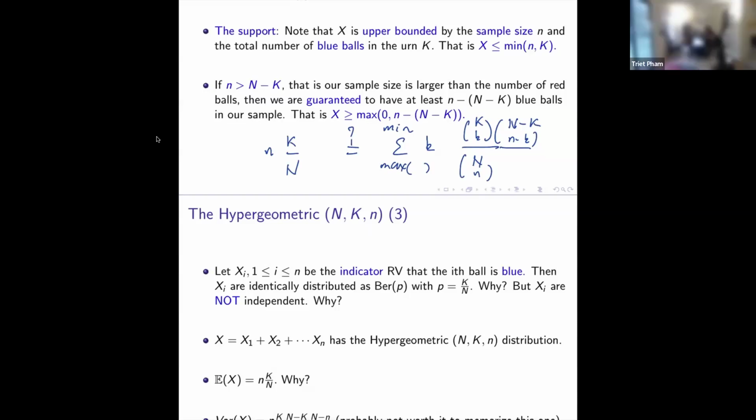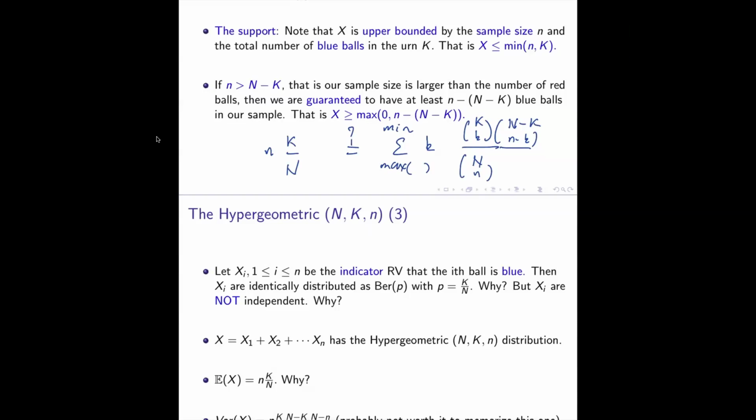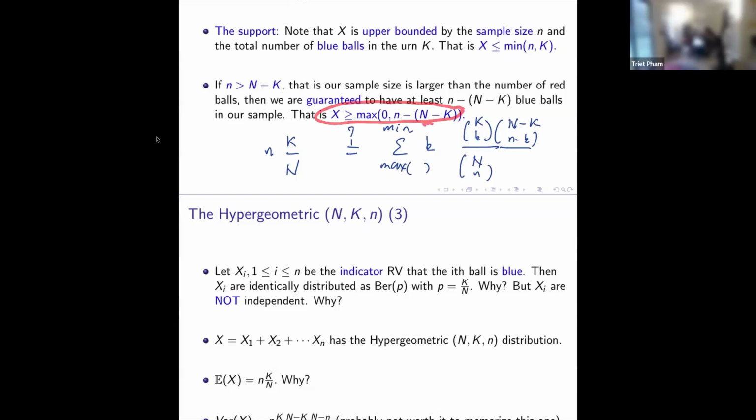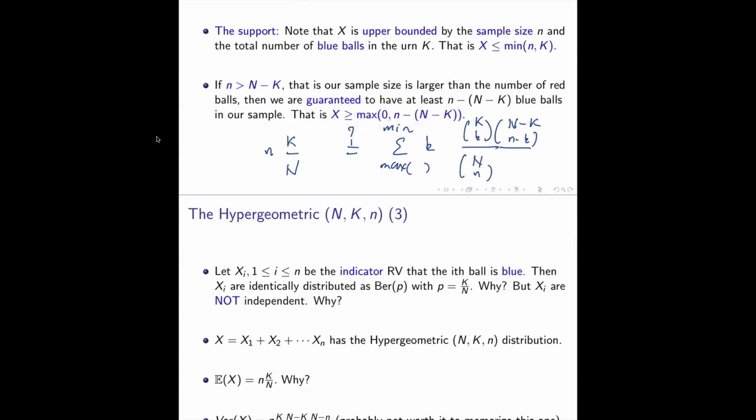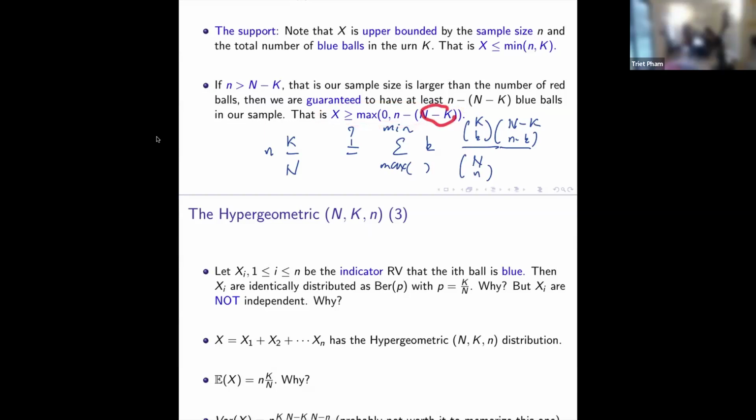Could you say again the bottom and the top of the sum? The max is because of the sample size being larger: this is the most red balls you can have in your sample, therefore you must have that much blue.